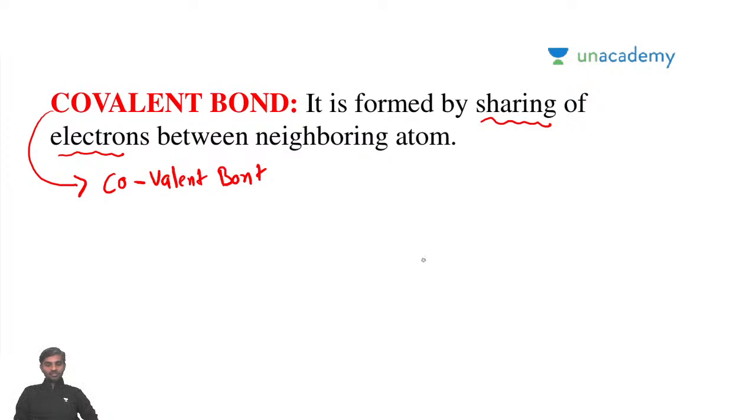So let us consider a germanium or silicon atom, whichever you want. Let's consider a germanium atom, which will be having 4 electrons in the outer shell. Similarly, consider another germanium atom which is having 4 electrons in the outer shell.